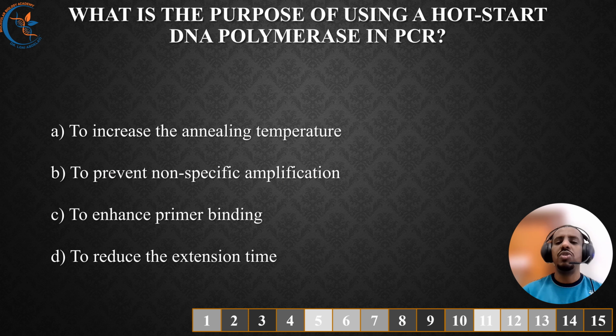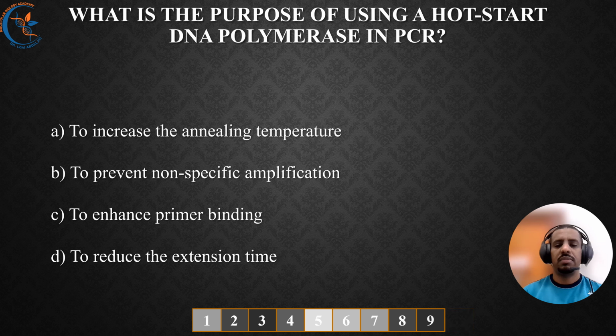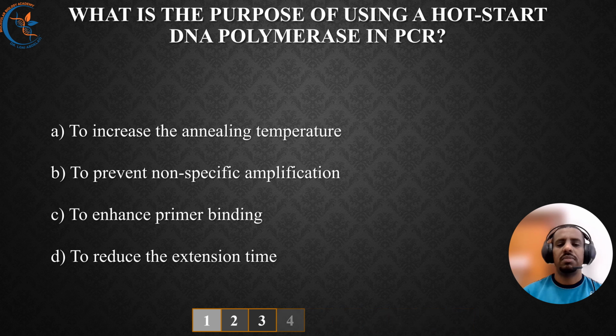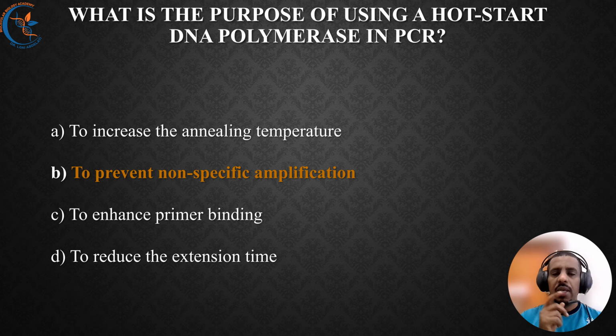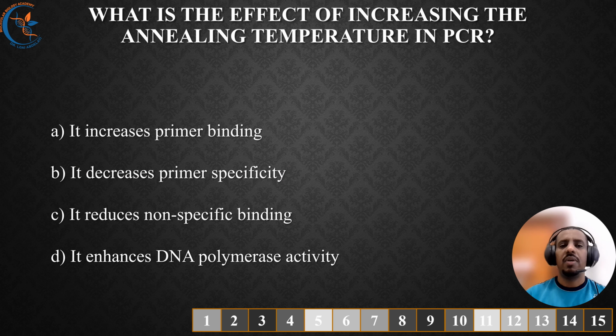All right. Okay, next question. What is the purpose of using hot start DNA polymerase in PCR? The correct answer is to prevent non-specific amplification. But how? Actually, hot start DNA polymerase is activated by heat, which prevents non-specific amplification during the initial step of the PCR reaction. Okay, the next question.